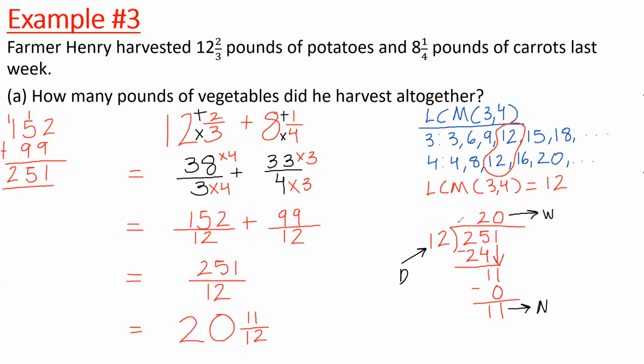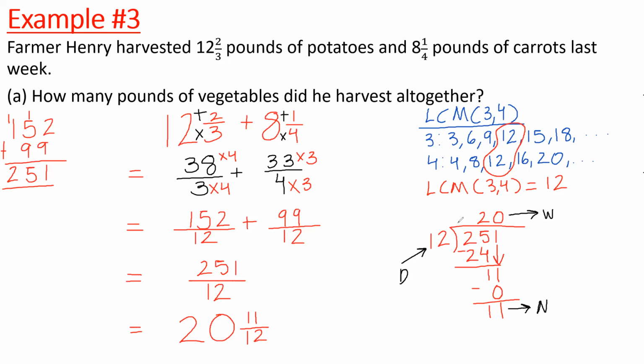For 12 it would be 3 times 4 and 4 times 3. And whatever you do to the bottom, you have to do to the top. So you also times the top by 4 and 3. And then the answer would be 152 over 12 and 99 over 12.